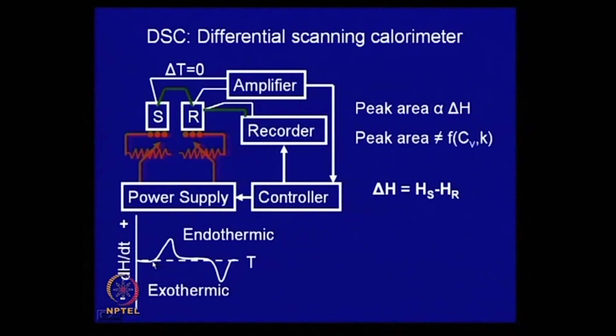This is because an endothermic peak here will be just opposite of the differential thermal analyzer, and here since that heat effect is directly proportional to the differential power which is being supplied, the peak area is proportional to the latent heat of transformation, and it is not a function of thermal characteristics like specific heat and thermal conductivity.